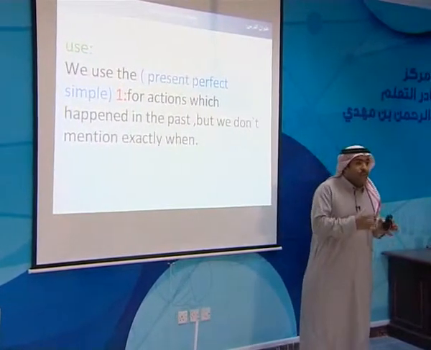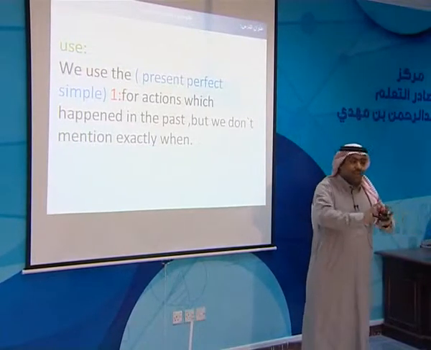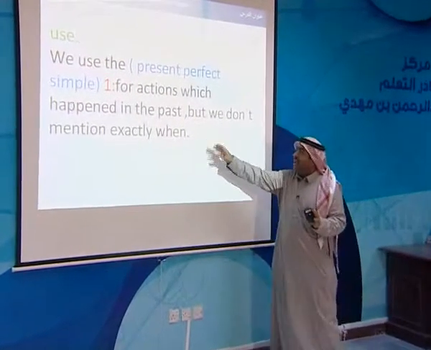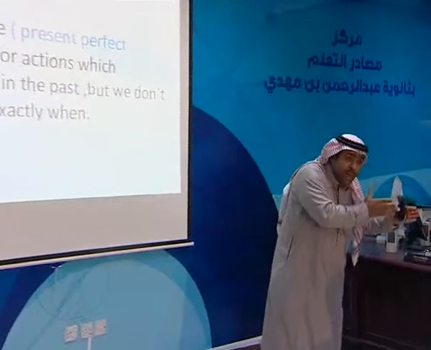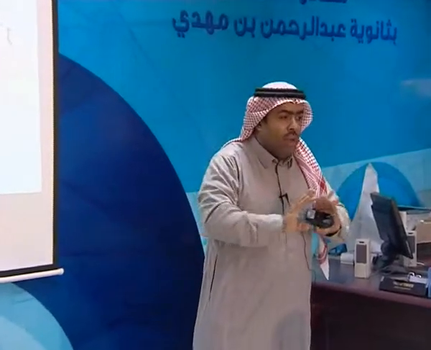So what I mean, there is an action in the past, but there is no time. There is no exact time. Again, for actions which happened in the past, but we don't mention exactly when. So we have action in the past, but we have no time or no exact time.